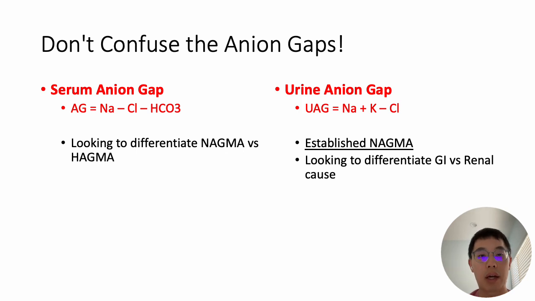Now the urinary anion gap is calculated as urine sodium plus urine potassium minus chloride, and this is to differentiate GI versus renal causes when we have already established a non-anion gap metabolic acidosis. Please review this concept very carefully because there are a lot of different questions, and sometimes different gaps can be very confusing to look at.